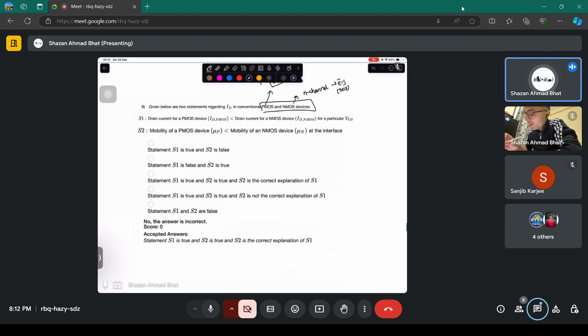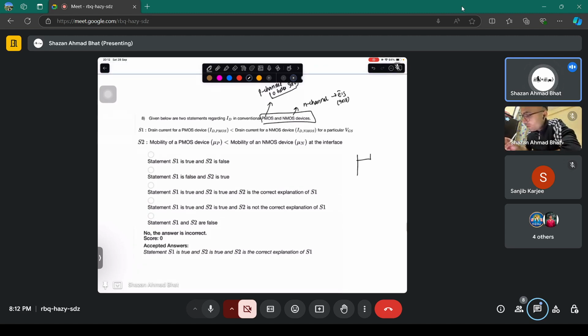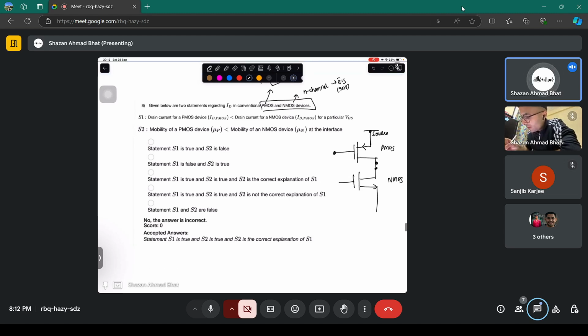And when you draw the circuit representation of NMOS and PMOS, you draw it something like this. Basically, this end is the source end of the PMOS. This is PMOS. This is NMOS. This is gate. These drains are tied together.